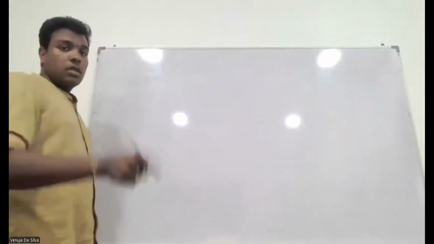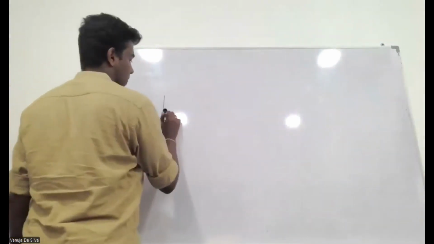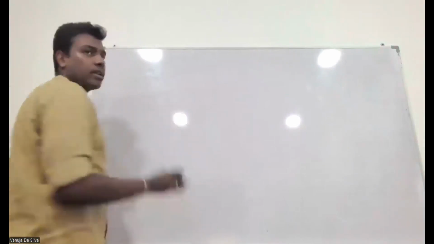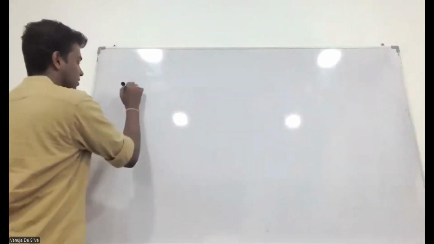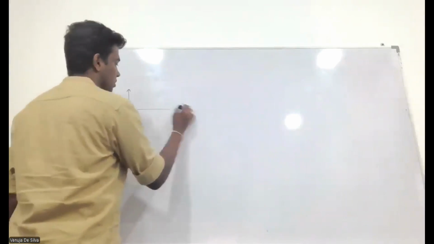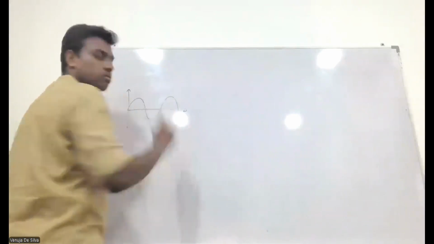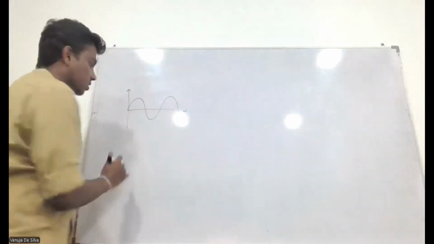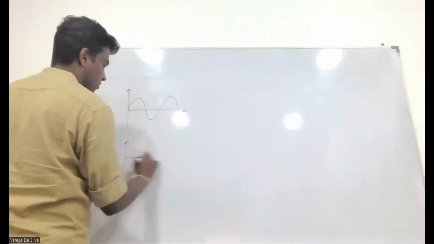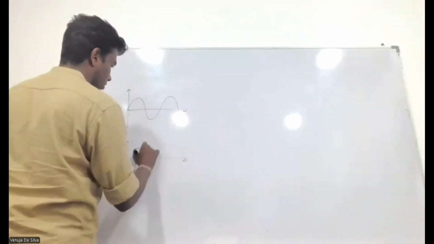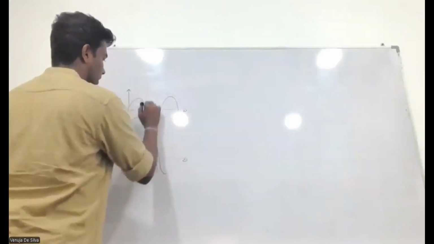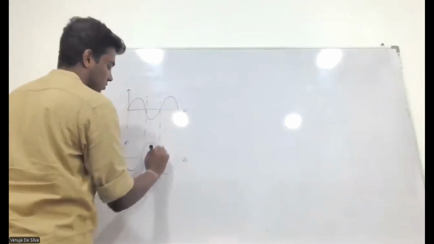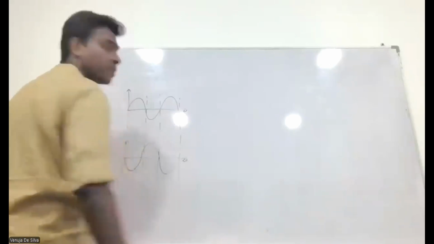So these two waves, just try to understand from the diagram. It's easy. There's one wave like this, and then there's another wave like this. If I combine them, there would be a destructive interference.